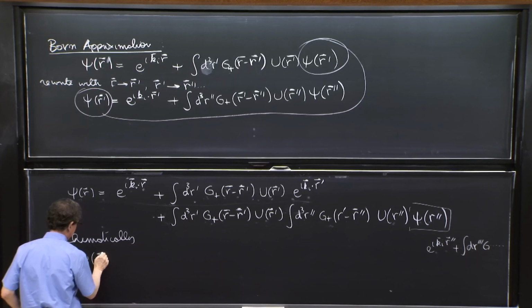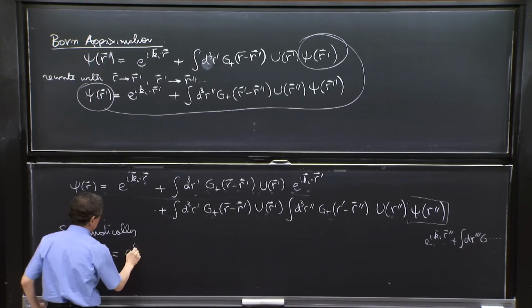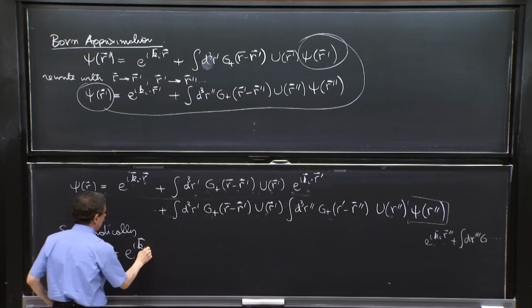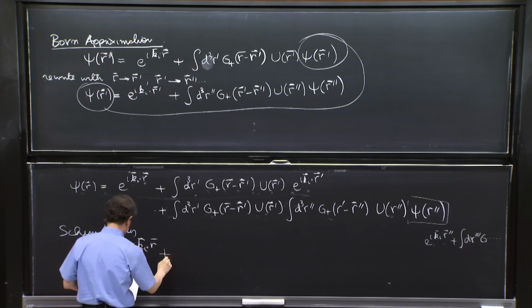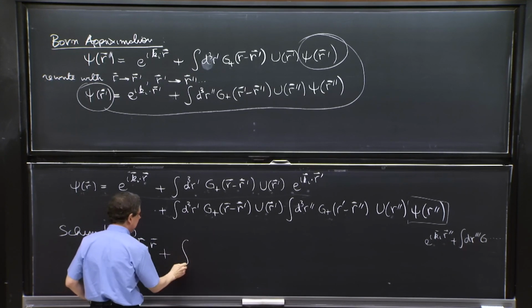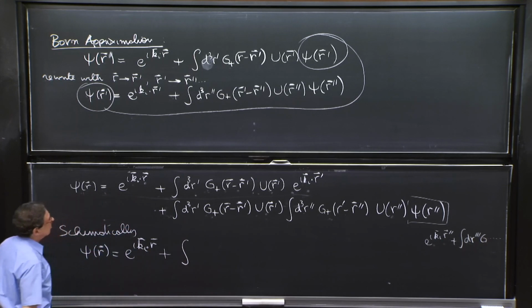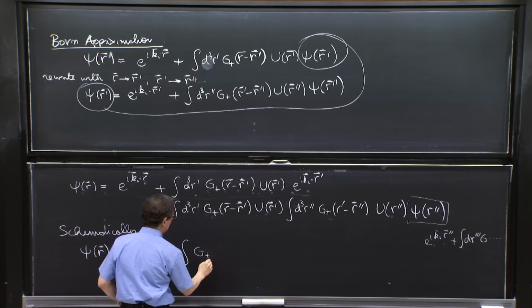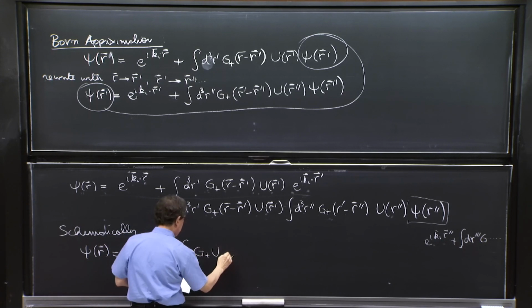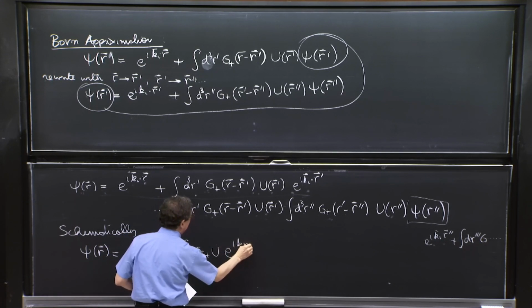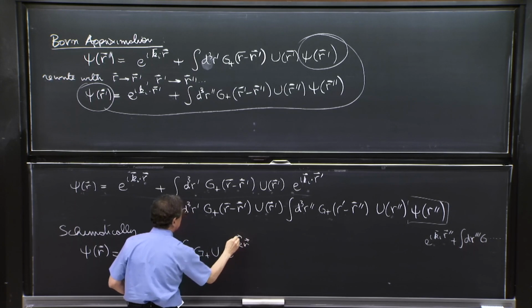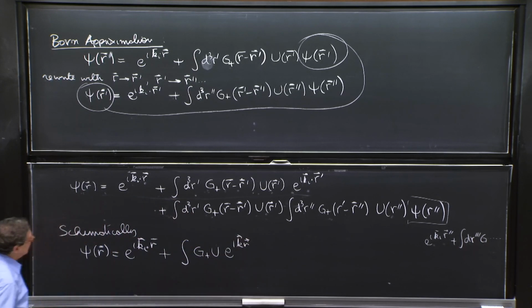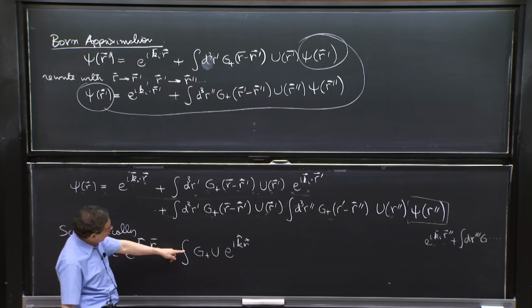Psi of r equal e to the i ki r plus, and now I become schematic, integral, so I put just integral g plus u e to the i k r. Don't put labels or anything. But that's the first integral. And if you had to put back the labels, you would know how to put them.